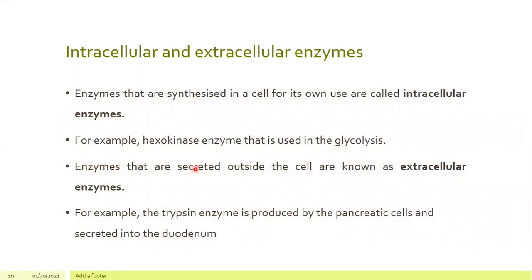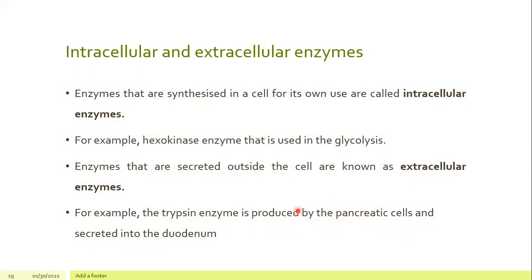And next, enzymes that are secreted outside the cell are known as extracellular enzymes. For example, trypsin. Trypsin is a kind of enzyme, a special enzyme, different from the normal ones which have -ase at the back. Trypsin is produced by pancreatic cells in your pancreas, which is an organ, and then it is secreted to another organ.